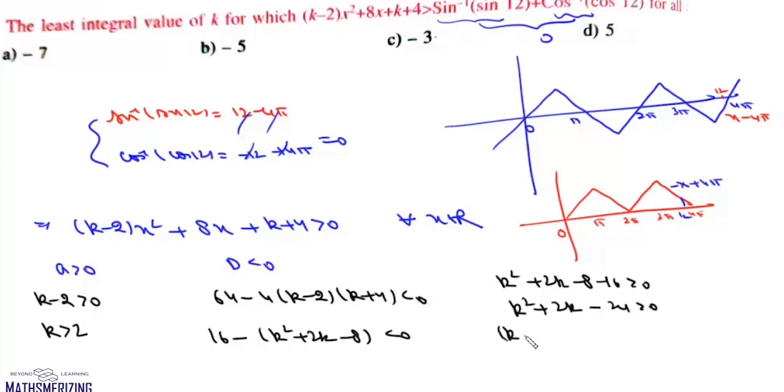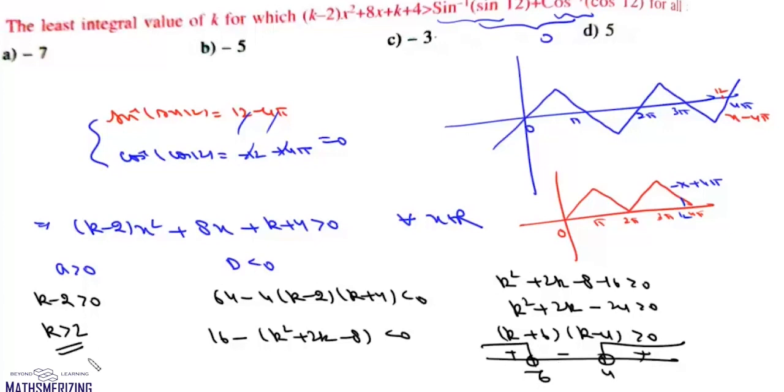Now we'll write this as k plus 6, k minus 4, it will be greater than 0. So this is minus 6 and this is 4, plus minus and plus. Here the value of k is either greater than 4 or less than minus 6. But we already know that k is greater than 2. So the condition that we get from here is the value of k should be greater than 4.